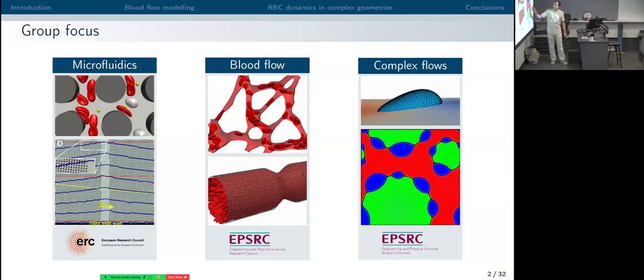And at the bottom, you see something that I contributed to quite a few years back, maybe 10 years now, where we looked at ternary liquid mixtures that are immiscible in this case. So you have mutual surface tensions, and depending on the density or the concentration of the phases and the surface tension ratios, you get funny phase-separated shapes that could mimic, for example, what happens in biological cells. But I will not really talk about that today.